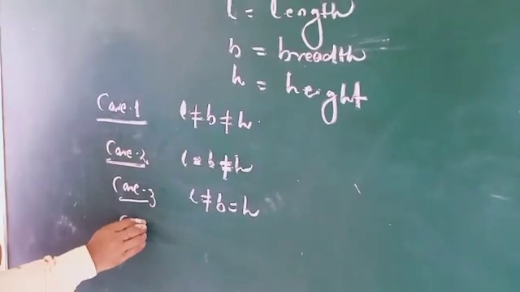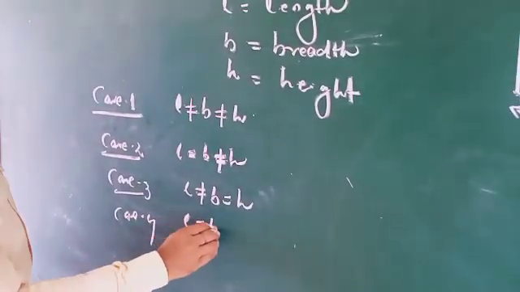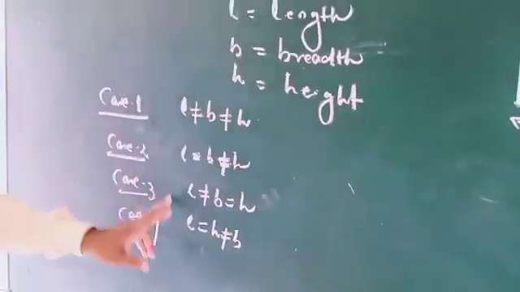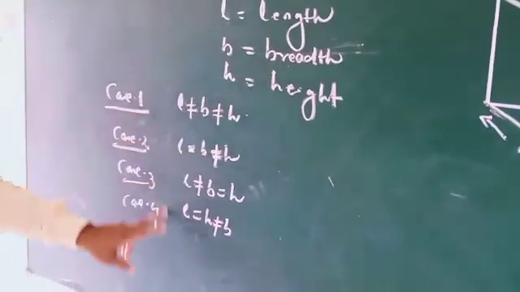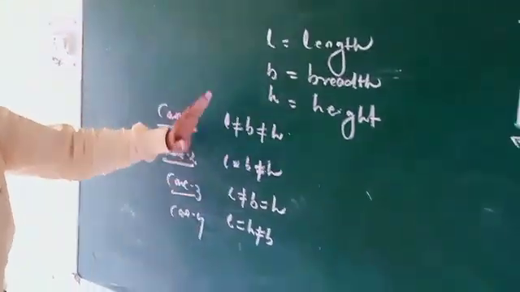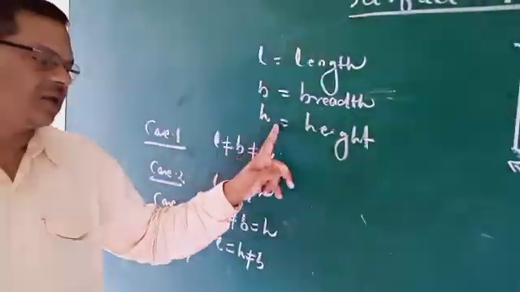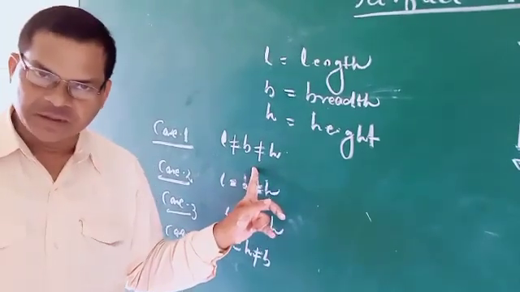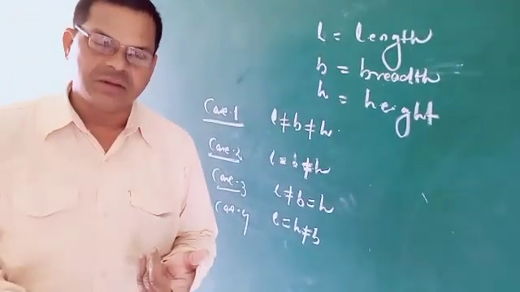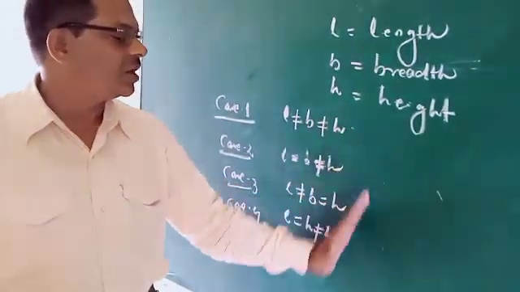Case 4: L is equal to H, not equal to B. All these are examples of the cuboid. So a cuboid is a solid figure whose length, breadth and height should not all be equal. If two are equal, length and breadth equal, height may not be equal, or length and height equal, breadth not equal, all these are called a cuboid.